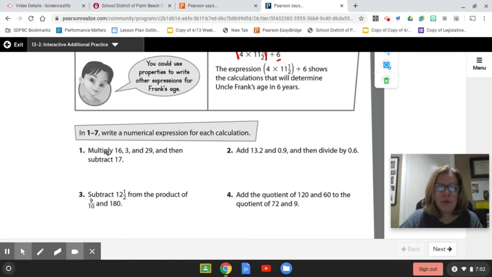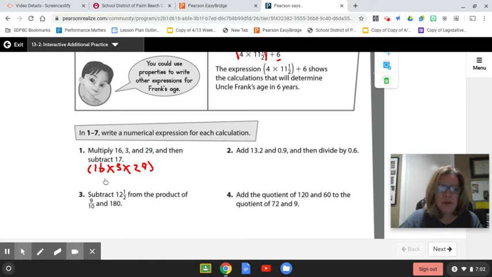Since we know we're going to multiply first, we're going to put that in parentheses. So you're going to have 16 times 3 times 29. That's first, in parentheses.